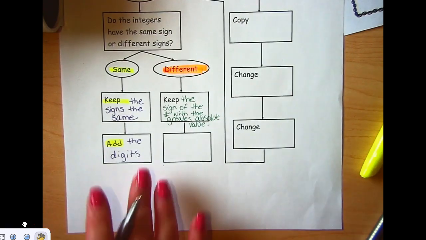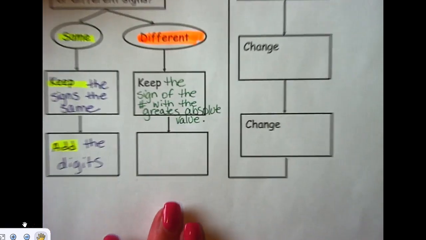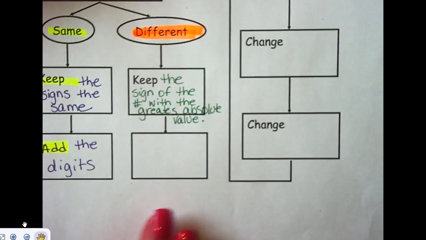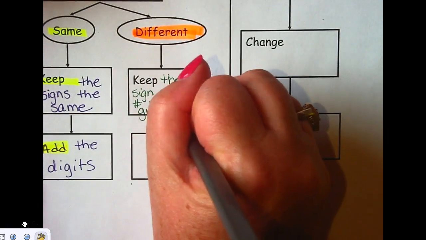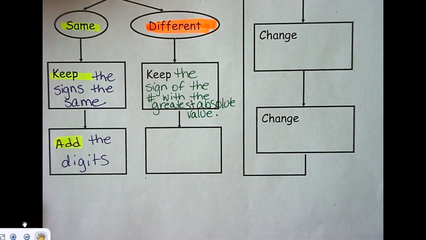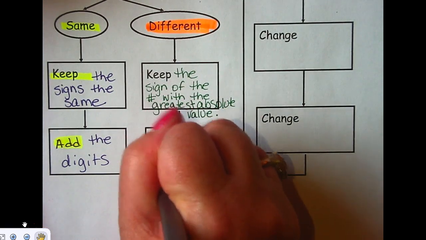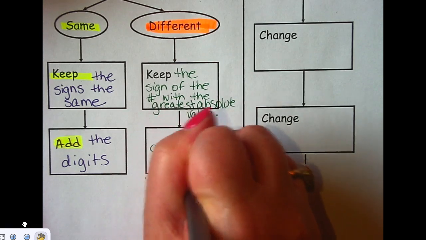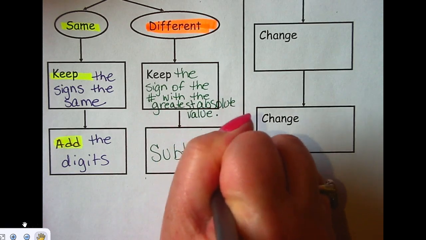Keep the sign of the number with the greatest absolute value. And then you are going to subtract.